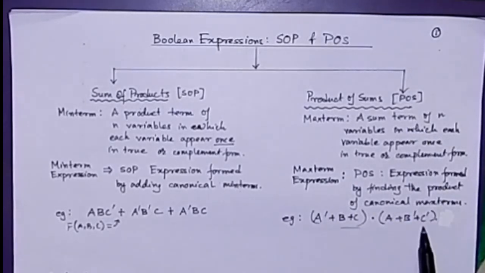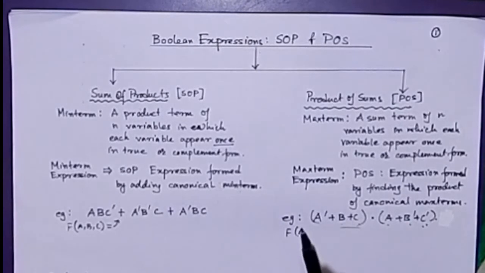Now see, this is a POS expression. Again the same thing, in all the terms the three variables are there: a dashed b c, a b dashed c dashed. So here again you can be given that f is a function of a b c, whose expression is given in this way.